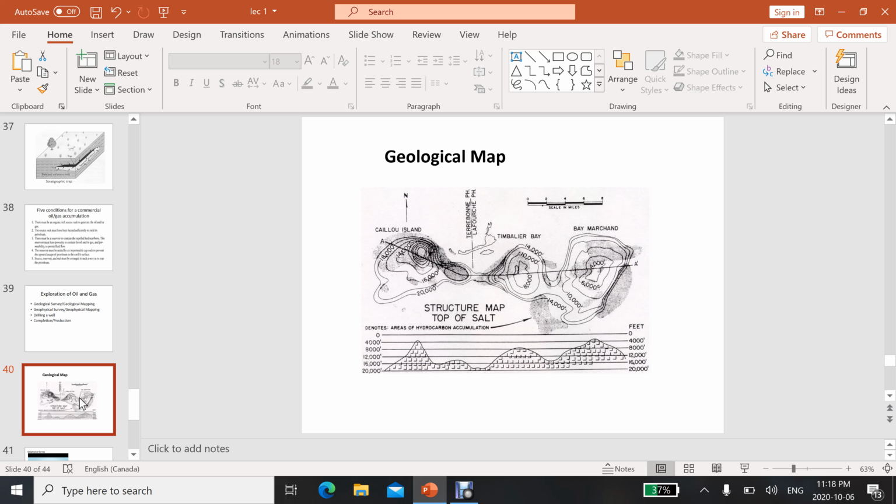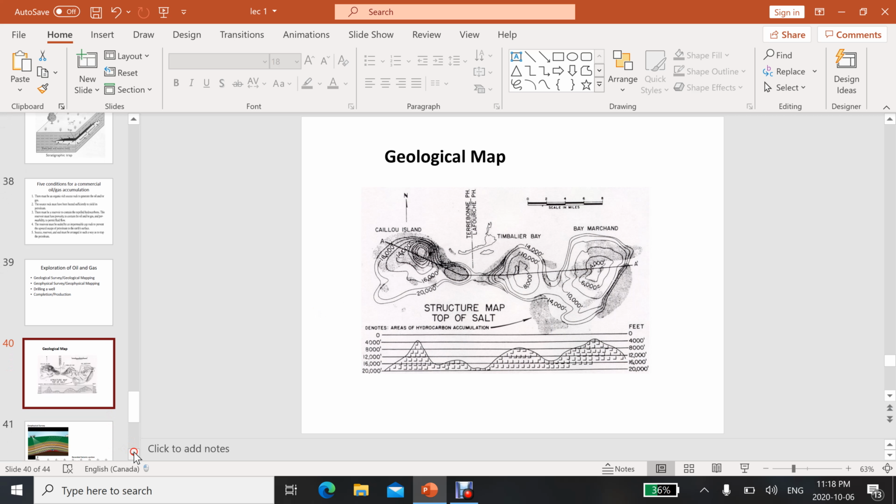These are contour maps of a particular area, and these types of maps are very important for defining the subsurface structure in your area, the thickness of different layers, and any other information that is possible to extract from this map that we can use for identifying oil and gas in the subsurface. So this is a typical example of a geological map.